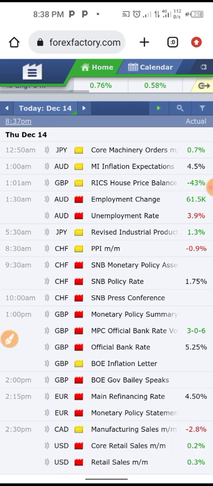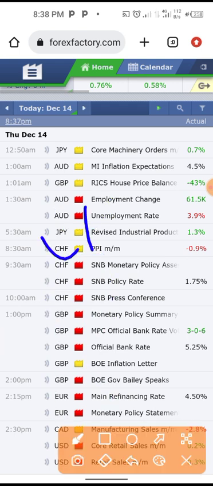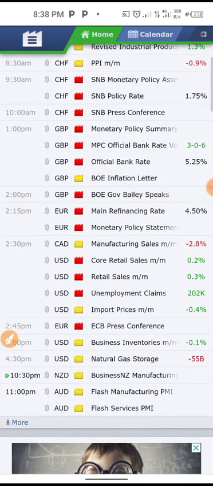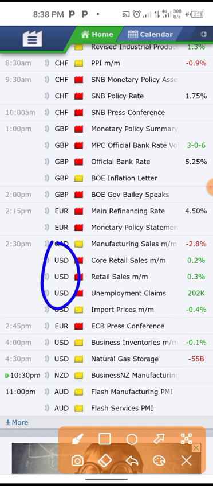Now taking US dollar for example, if the news is positive, it means the price of US dollar is going to go up.